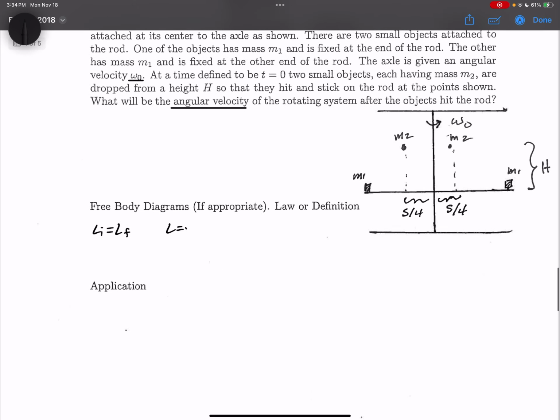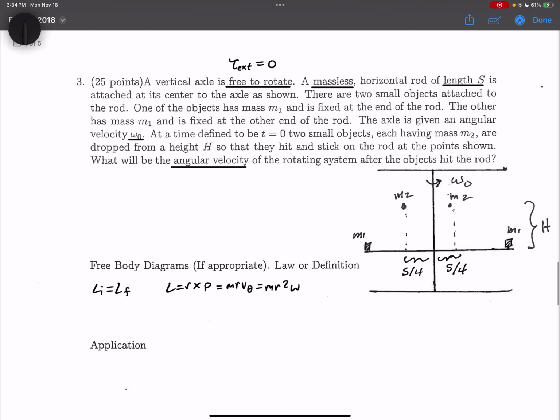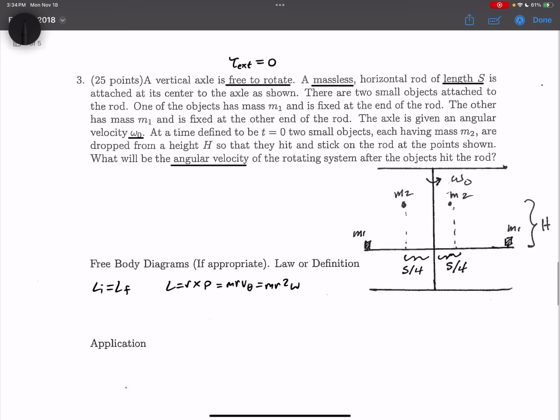And again, we have L equals R cross P, which equals M R V theta equals M R squared omega, both in the K direction. So the rod initially has angular velocity omega naught.